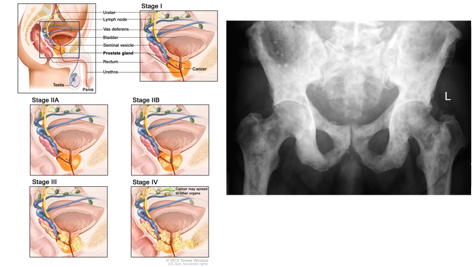So it's much more problematical obviously in a situation as illustrated in the X-ray, where we've ended up with sclerotic bone metastases and bone pain as in fact the first presentation of prostatic cancer.